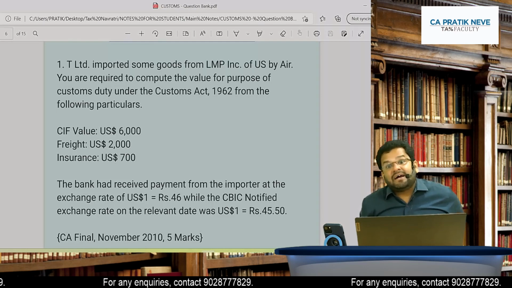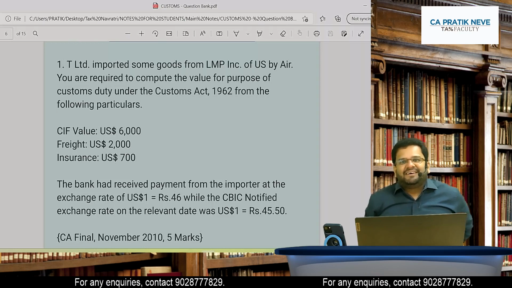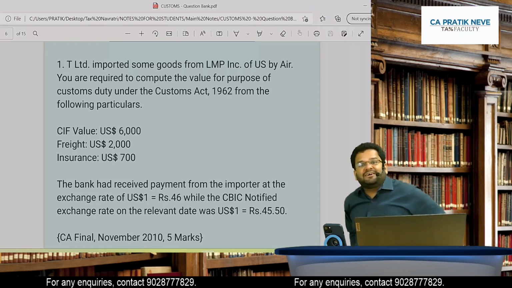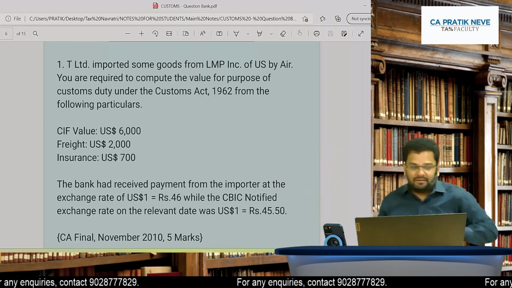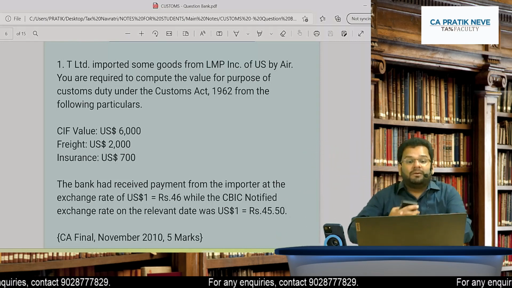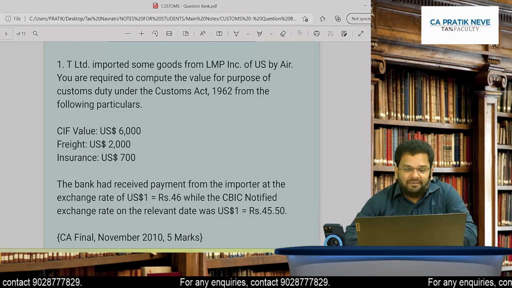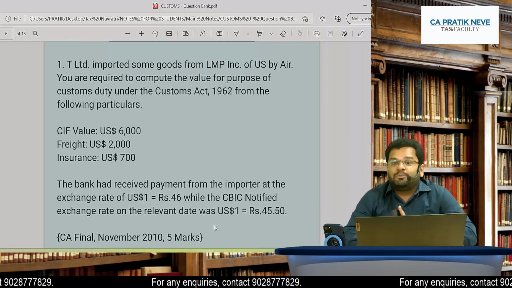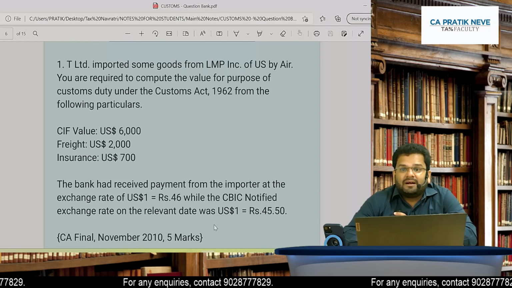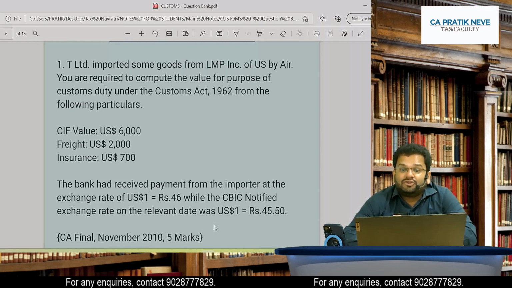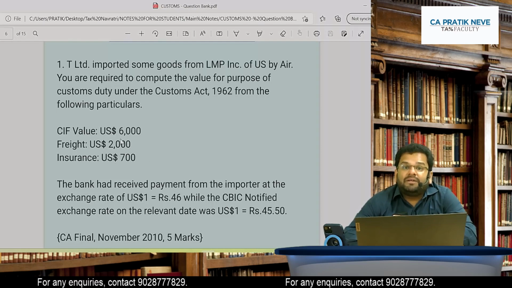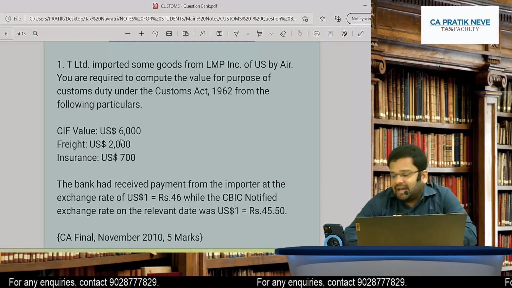Mind you, this is CIF directly. Directly, I can convert this in rupees. Means assessable value is given. But the whole problem is freight is given. And how is the transport, Shraddha? Transport is by air. So can you be satisfied with the CIF which they have calculated?